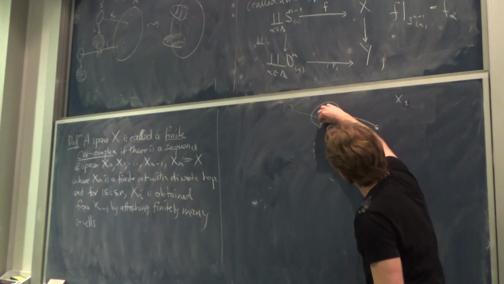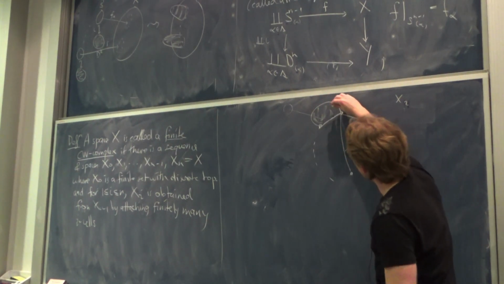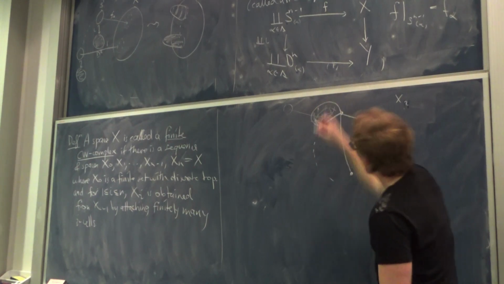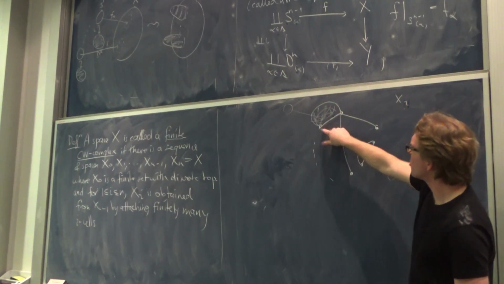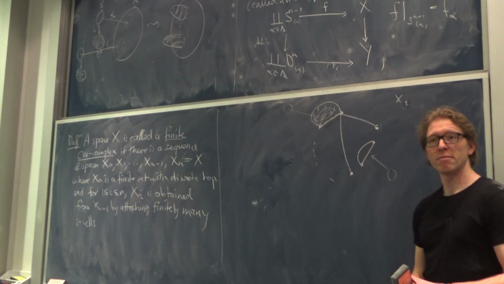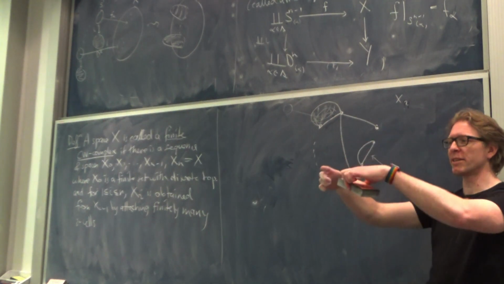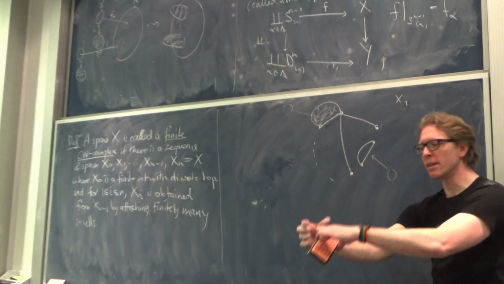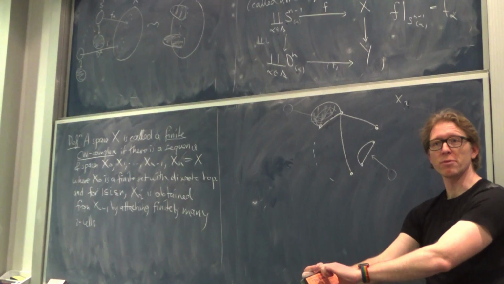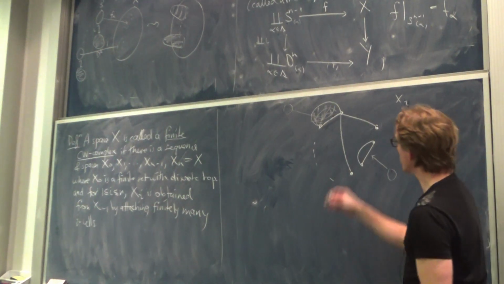It's a little hard to draw. It's such a thing that if you collapse that edge down to nothing, what you'd be left with is a sphere. If I took a disk and I collapsed the entire boundary down to a point, what I'm left with is something homeomorphic to a sphere. So that would be another example.